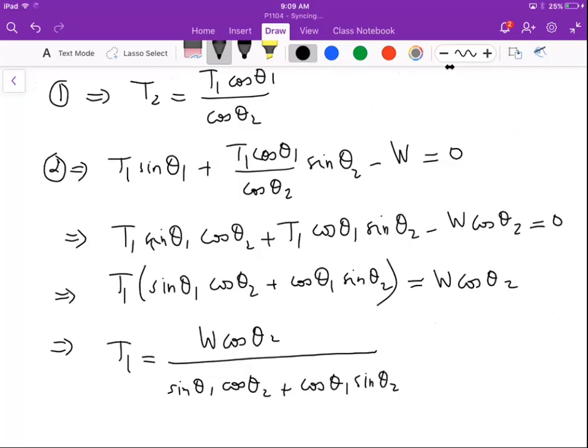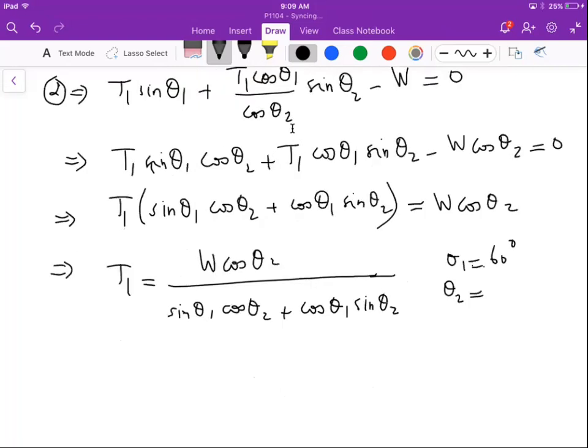In the denominator, this is nothing else than sine of theta 1 plus theta 2, but it's not a problem, we don't have to write it that way. So now all we have to do is the numerical application. Theta 1 is known, theta 1 is equal to 60 degrees. Theta 2 is also known, equal to 25 degrees. And we know that the weight is equal to 325 Newton.